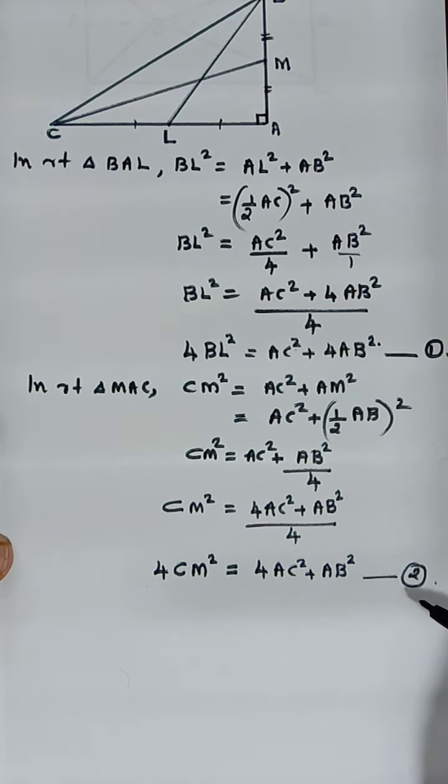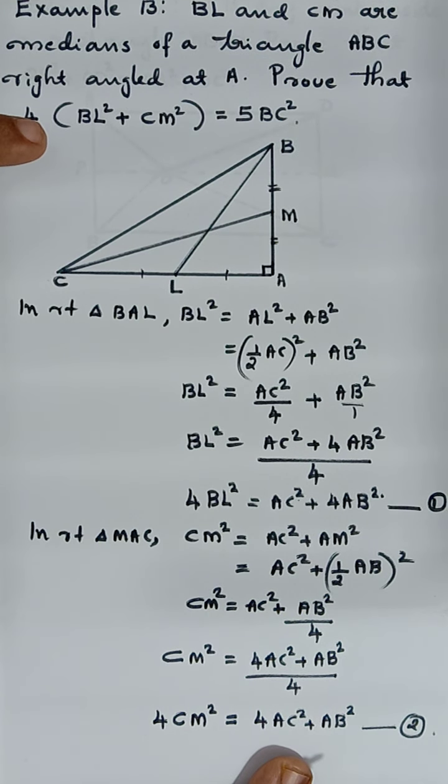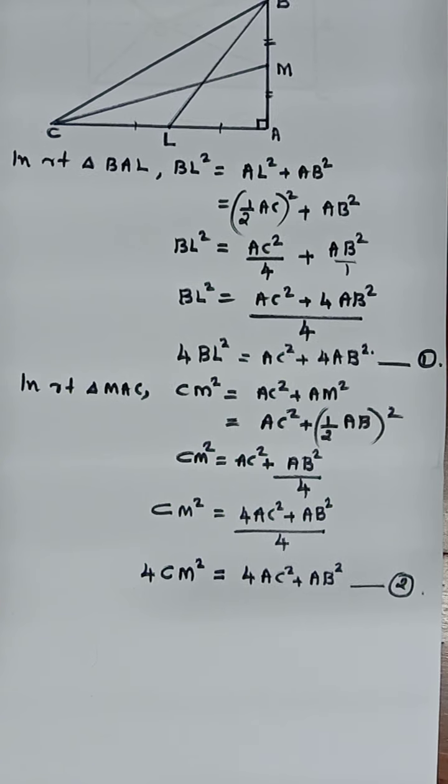We are going to add these two because we need the addition in the question. It is very clear. In the question we have to find out 4 times BL square plus CM square. Just adding the first equation and the second equation.